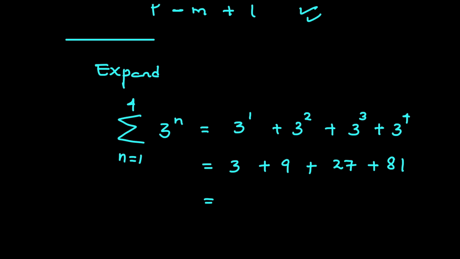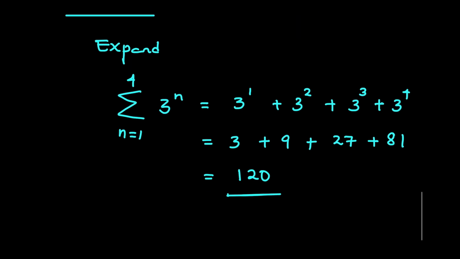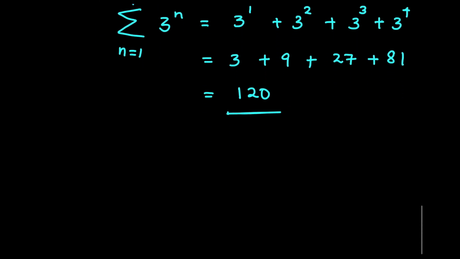I'm not even embarrassed to use my calculator right now. So this is 120. You can check at home and see if you get 120. Okay, cool guys, let's continue.